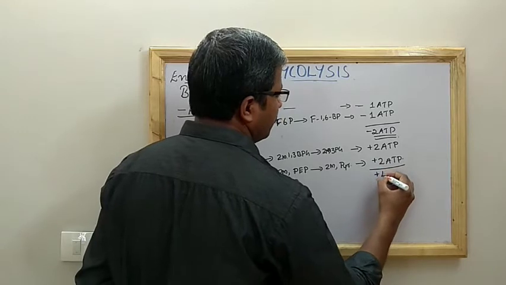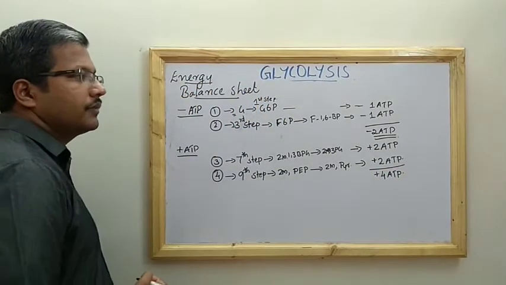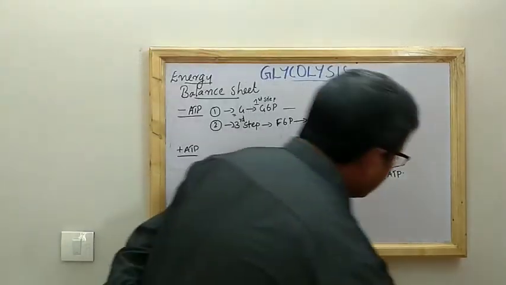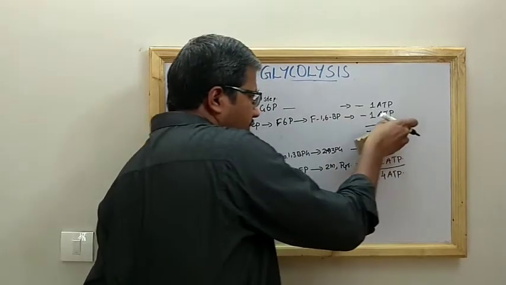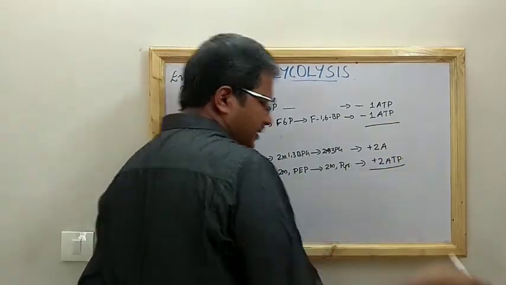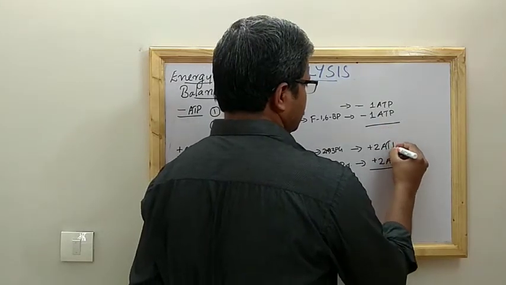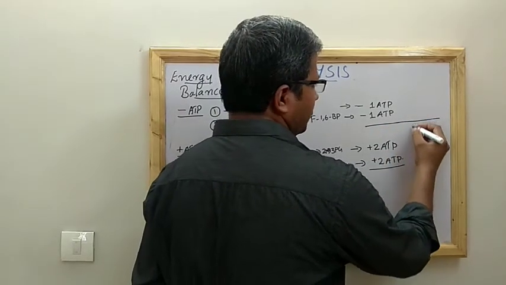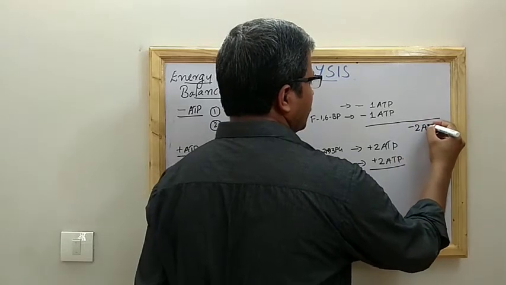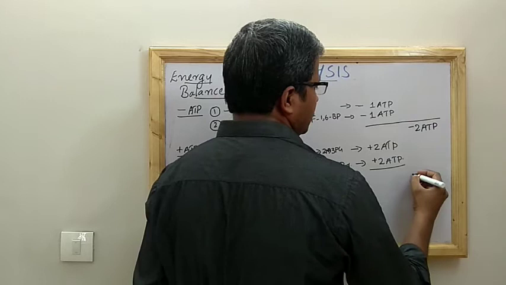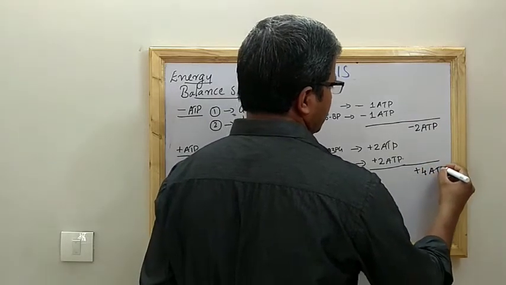So plus 4 ATP. Okay, we can just do one thing. This plus 2 plus 4, this plus and minus, we can write on the other side so that it will be easy for you to calculate: 2 minus ATP, and here plus 4 ATP.